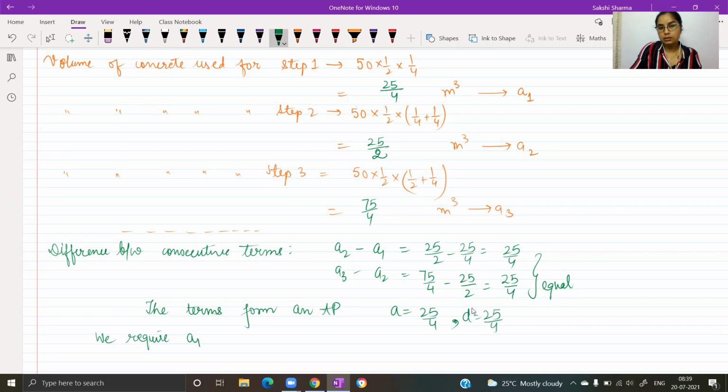We require the sum of these volumes up to the 15th term, that is S15. Apply the formula and find out the answer.